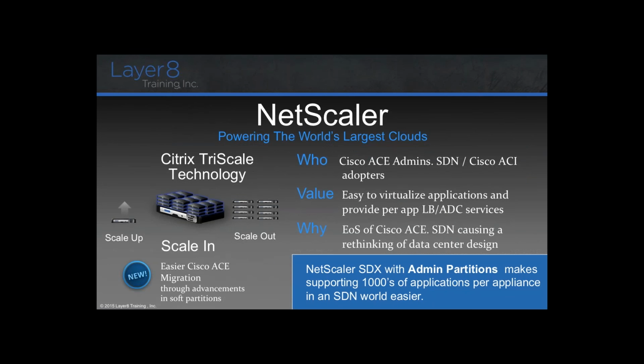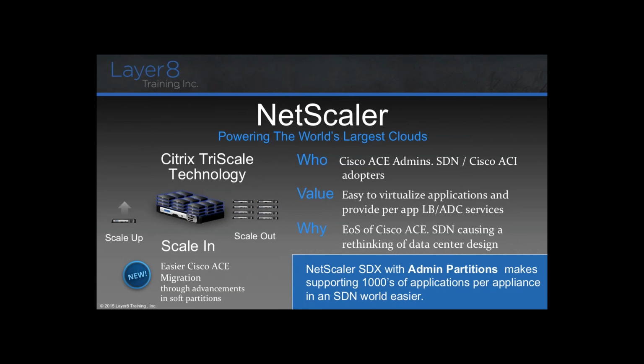So what we've added in with our new TriScale technology is easier migrations from ACE, as well as being able to replicate your other vendor tenant or context solutions. So any of you who are Cisco ACE admins or SDN Cisco ACE adopters, we have a nice way to easily virtualize applications and provide per app load balancing, as well as application delivery controller services.